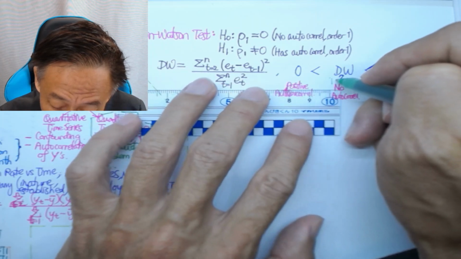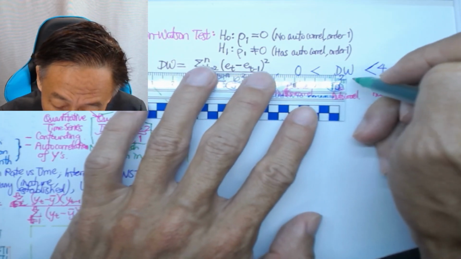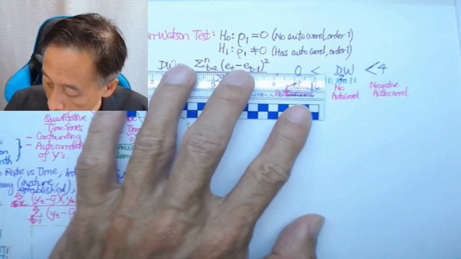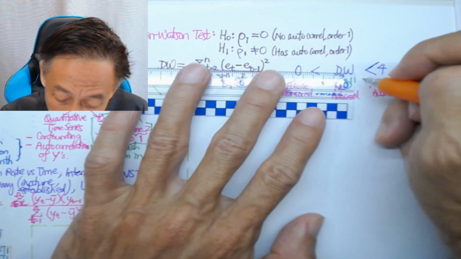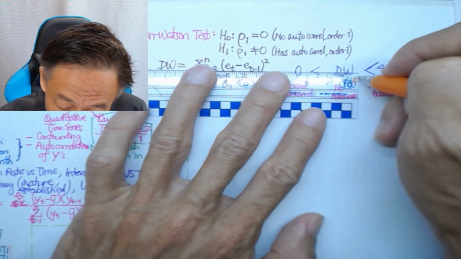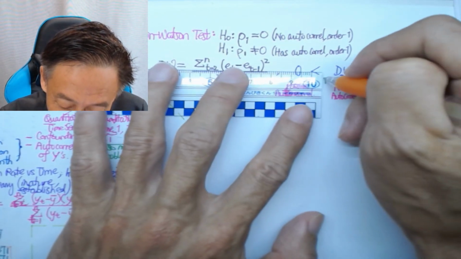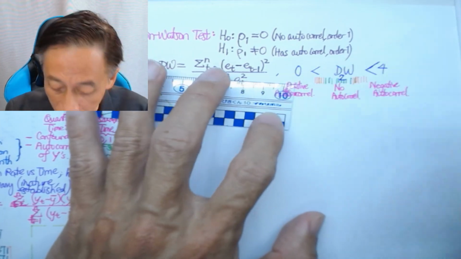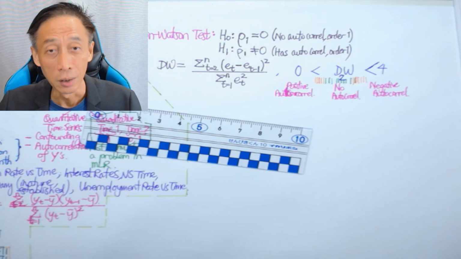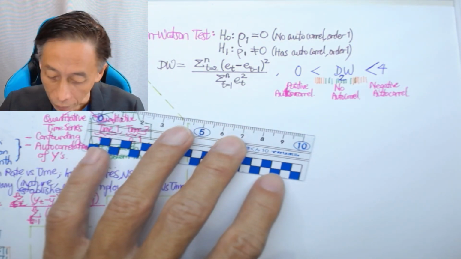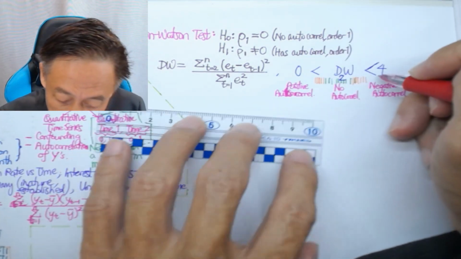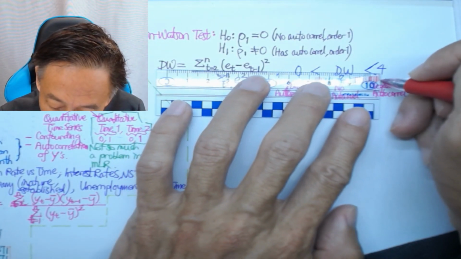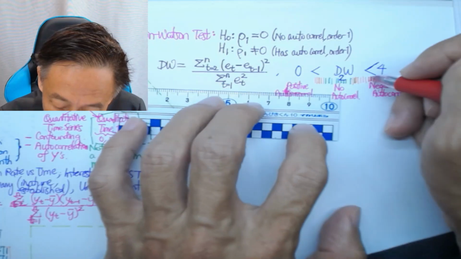So green here, and then somewhat of an orange intensity, from 2 to 3. There's no fixed number because you're trying to obtain the correct critical values. And when you go on to here, it will be negative autocorrelation.